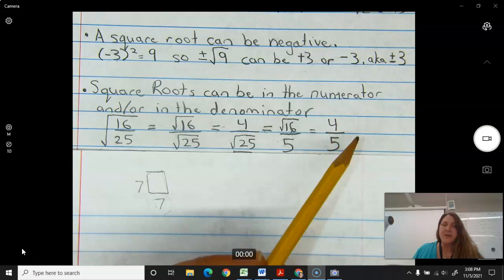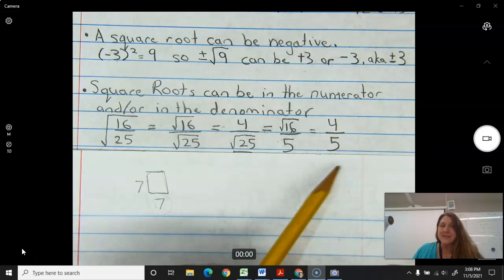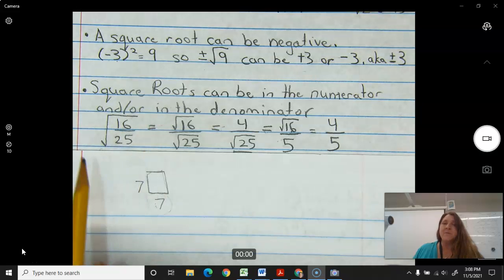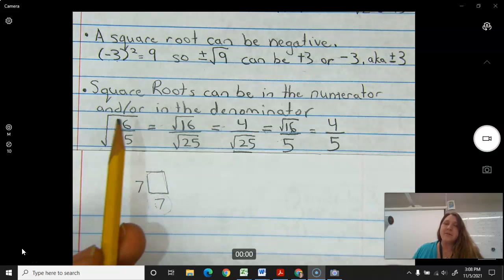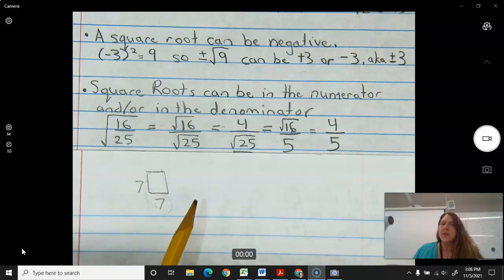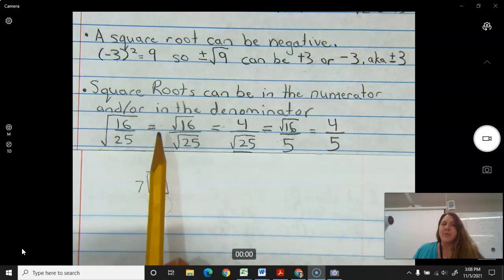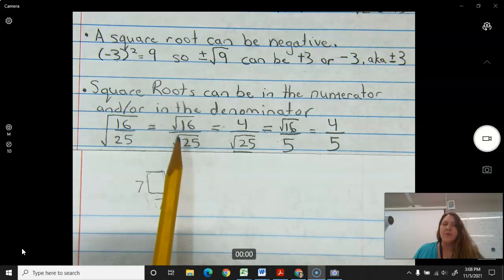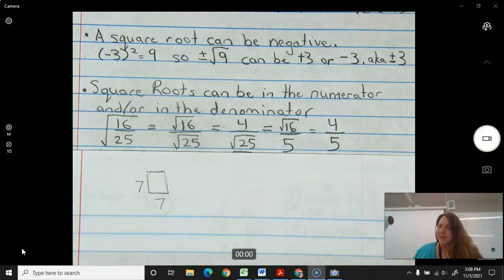So this number is actually a big complex number that has just been simplified. We'll get more into that a little later, but it's good to know that you can break them up into a radical in the top or in the bottom of a fraction.